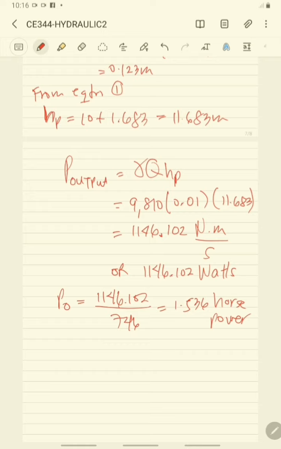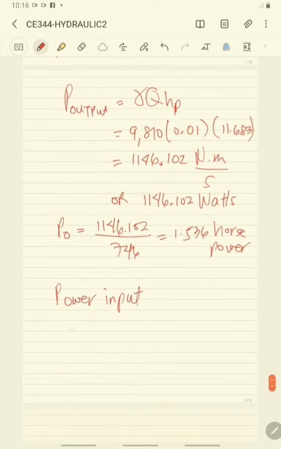Then we have now our power input. So this will be your answer. Power input PI is equal to 1.536 divided by 0.8. That is 80%.